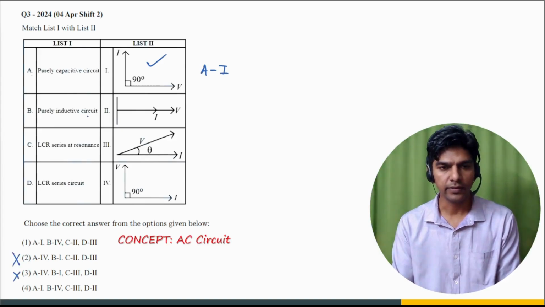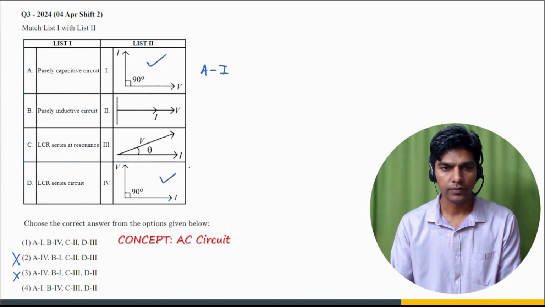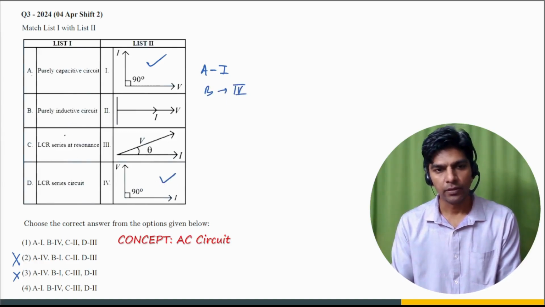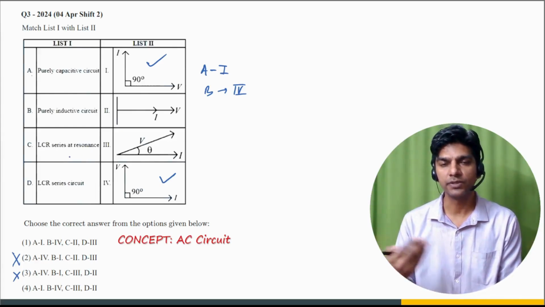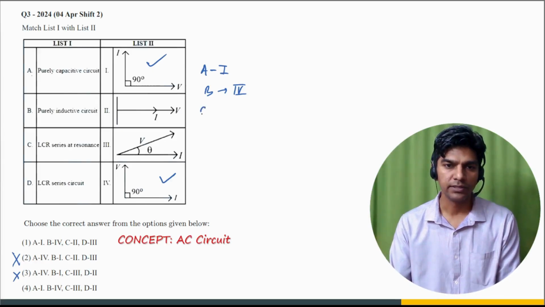In a purely inductive circuit, current lags the voltage by pi by 2. So B corresponds to 4. And in an LCR circuit, in resonance, the phase difference will be 0. There will be no phase difference between the current and the voltage. So C corresponds to 2.